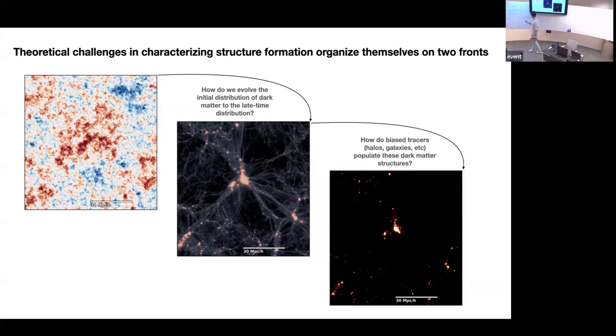For every particle, maybe it started at some position Q and ends up at some position X, and I say that its trajectory is defined by some vector, which I will call psi, the displacement. So this particle's position, from the one that arose at position Q at a time t, is just its initial position plus this displacement psi of Q and t.